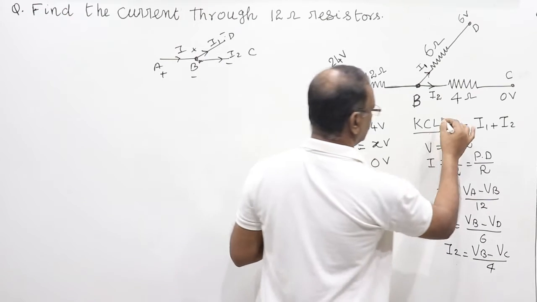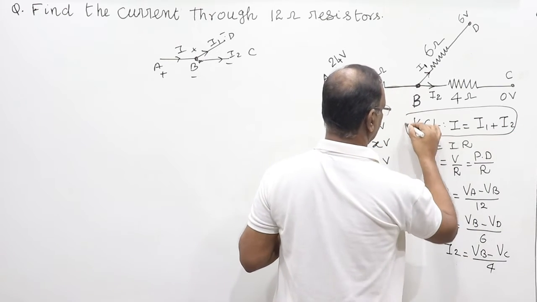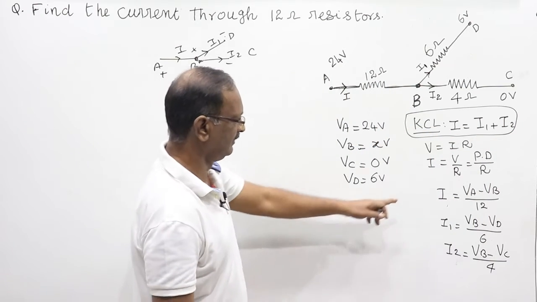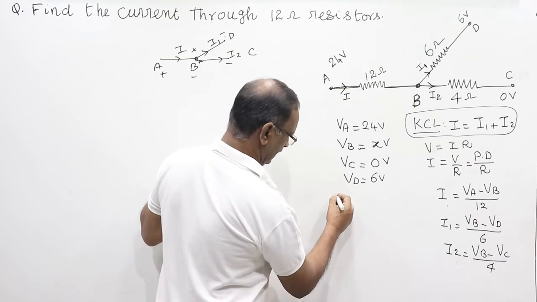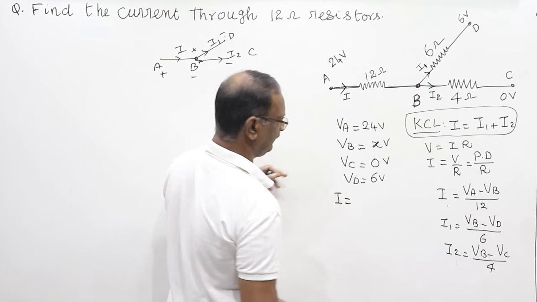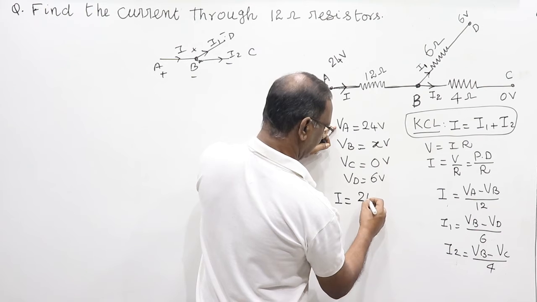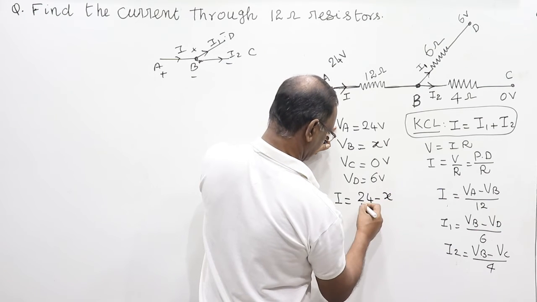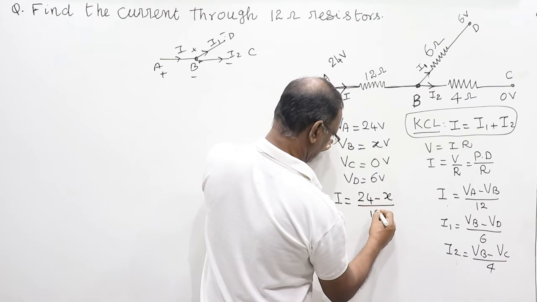So using this KCL equation, I is equal to I1 plus I2. We will substitute the values. What is I? I is equal to VA minus VB, that is 24 minus X, divided by 12.